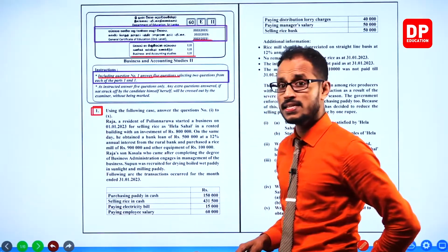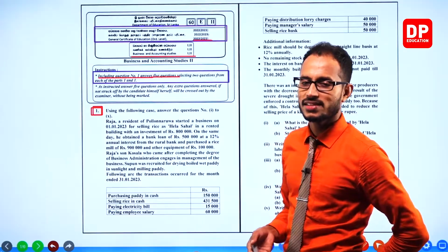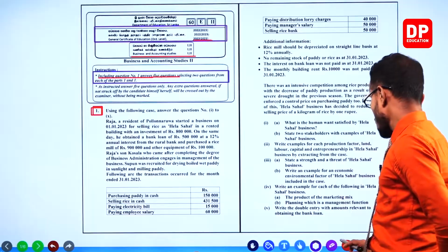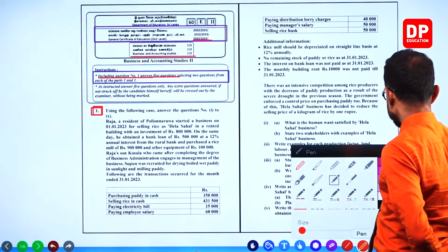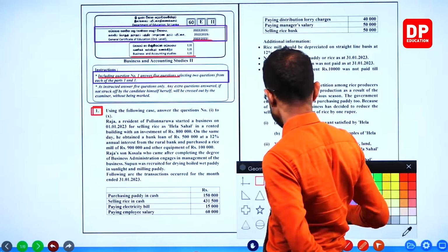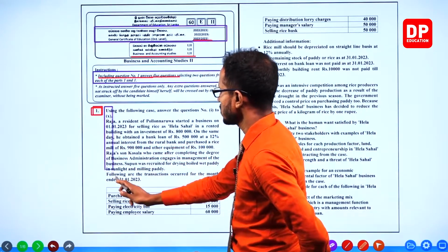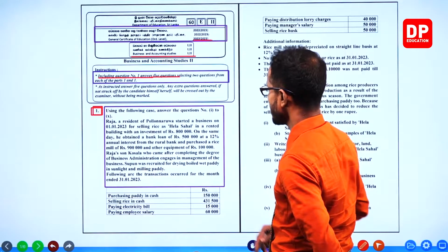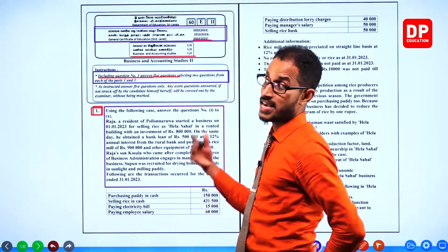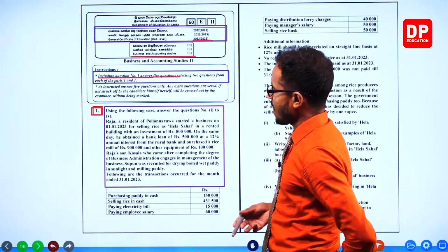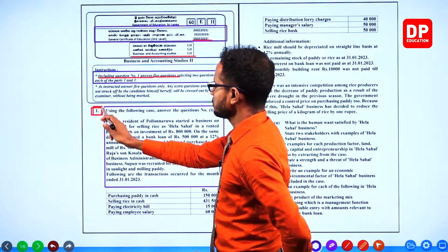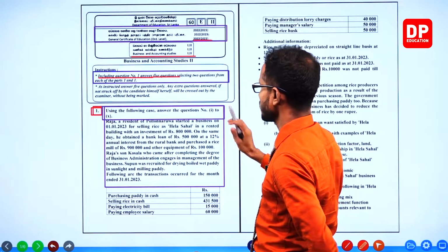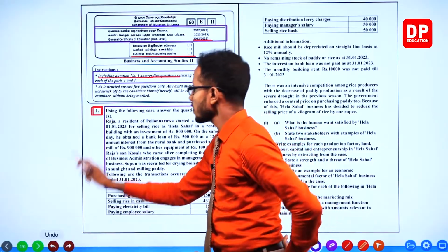You will get 10 sub-parts, and all those 10 questions are based on this case. So it's a case study. They say, using the following case, answer questions number 1 to 10.